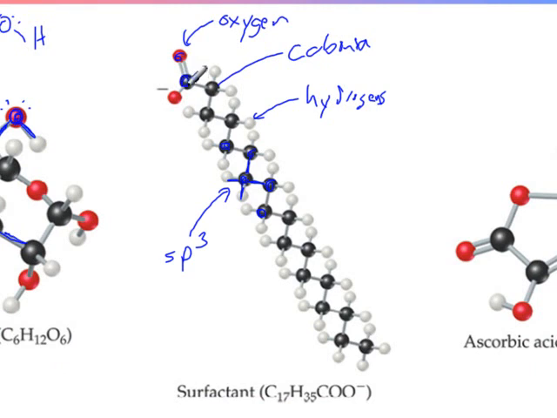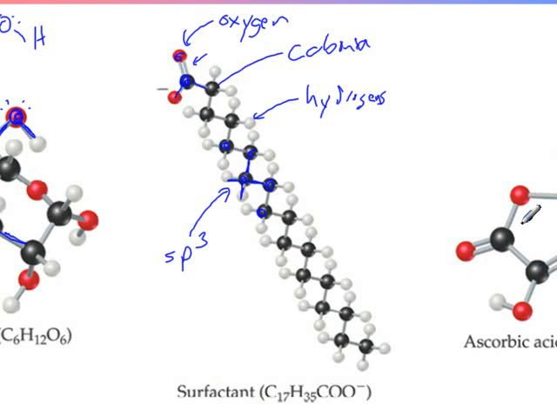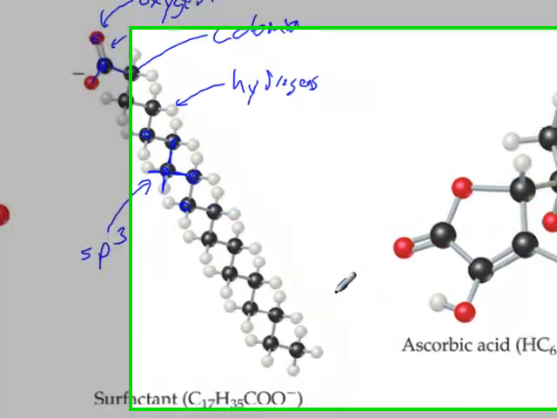Whereas up here, if I look at that carbon atom, there's a double bond, and then 1, 2, 3 bonding regions total. That is like your formaldehyde back here. This would be an sp2 hybridized carbon atom. So again, looking at the molecule and being able to interpret what we have in front of us in terms of hybridization is something I want you to do.